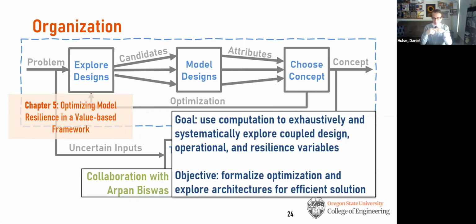And in order to achieve that goal, we pursued the objective of formalizing the optimization problem that we're trying to consider here, and then exploring different architectures that you might use for efficient solution of this problem. And this work was also a collaboration with Arpan Biswas, who just defended his dissertation Friday.